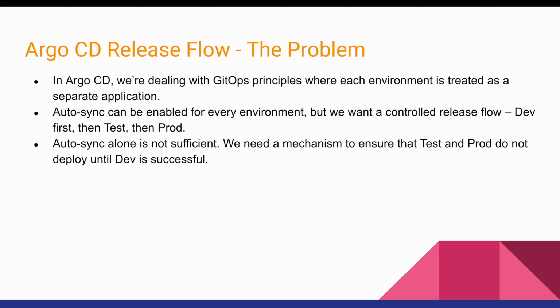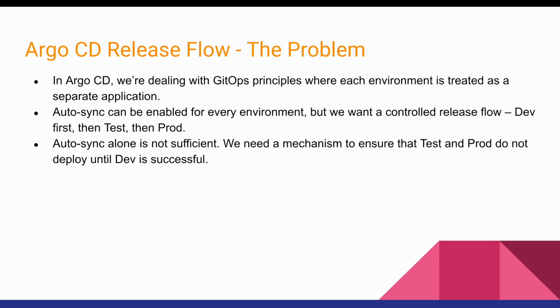Each environment is treated as a separate application, and the deploy mechanism is GitOps, where your Argo CD application is pulling from Git. In Jenkins and GitHub Actions, we are pushing the changes, but here it is the opposite. So how can we create this release process using Argo CD?